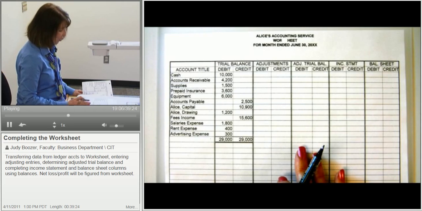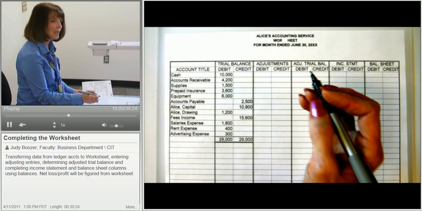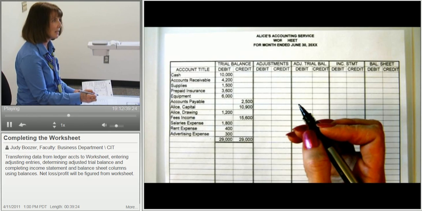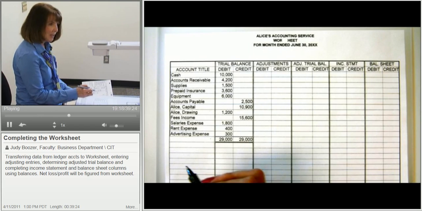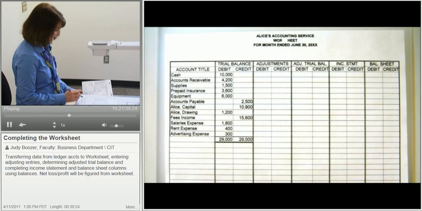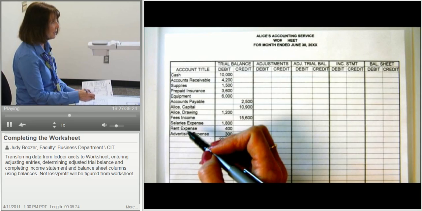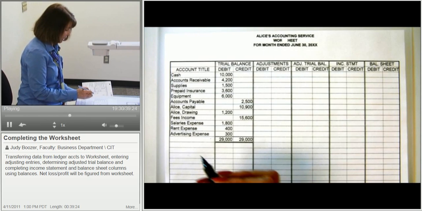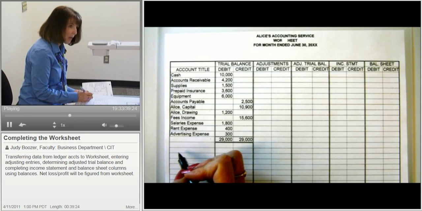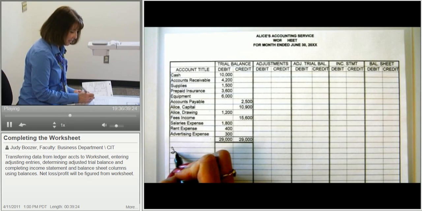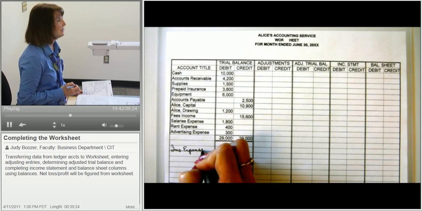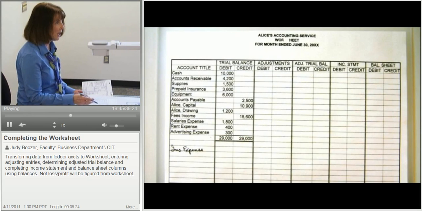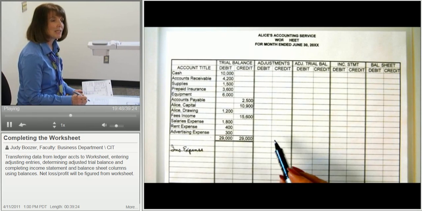So what's the adjustment going to be? $300. So what are we going to put for the debit for this adjustment for prepaid insurance? Okay. We're going to put in, do you see, it's called, not rent, insurance expense. Do you see an insurance expense up here? So we need to add it. So you're going to come right down here, and you're simply going to write in insurance expense. And it goes in the adjustment columns here, and is an expense a debit or a credit?